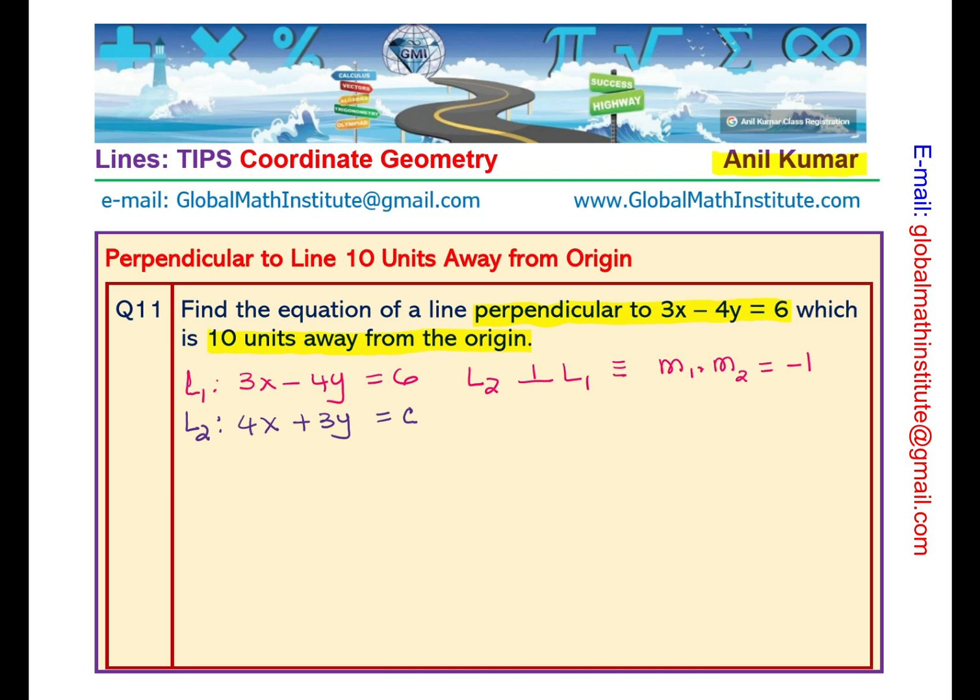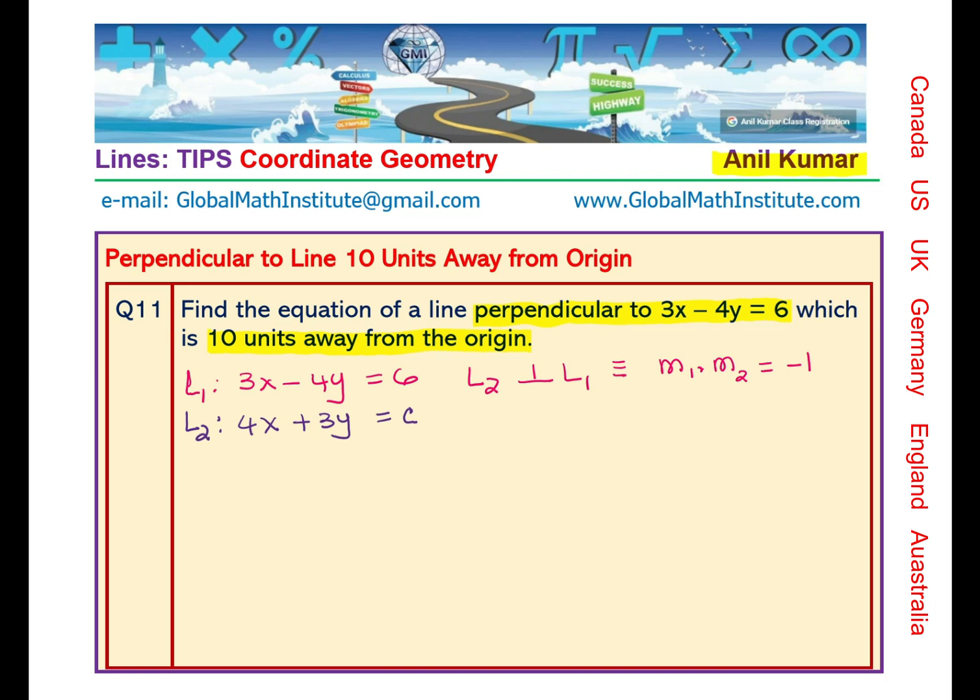So we have an equation where we need to find the value of c so that we can ensure that the other condition, 10 units away from the origin, is also met. Now, distance from a point to a line. For that also we have a formula.